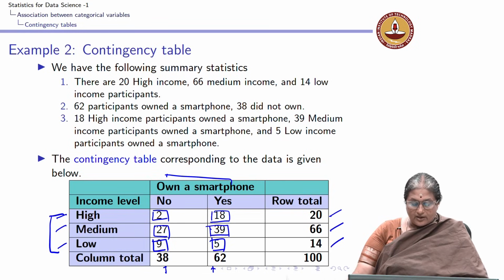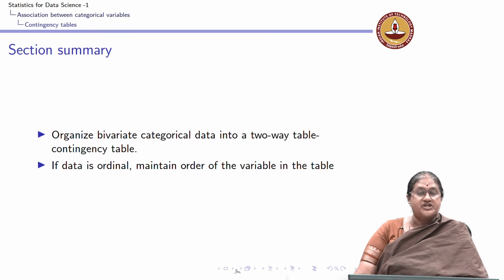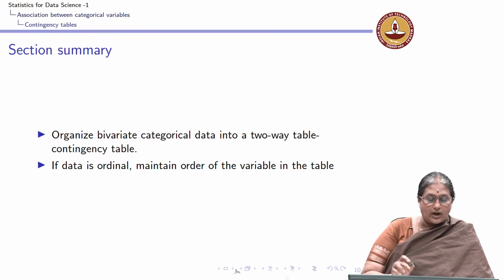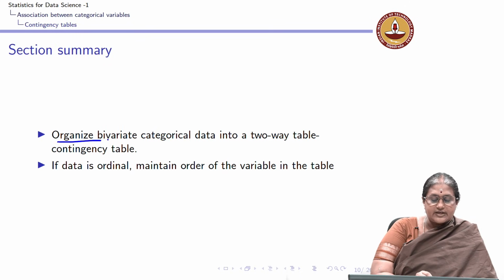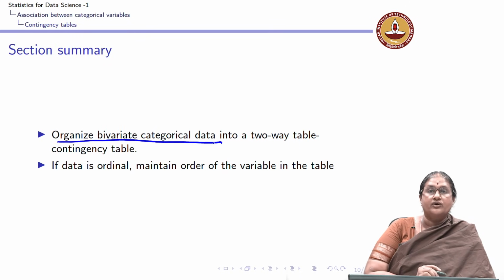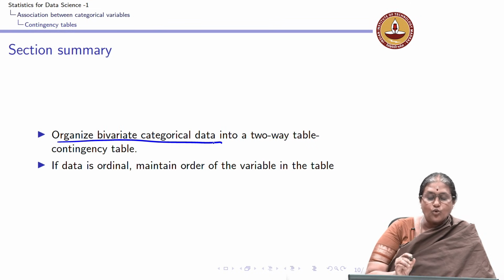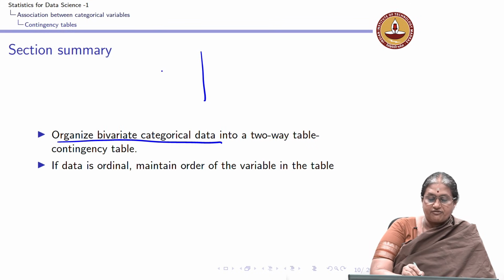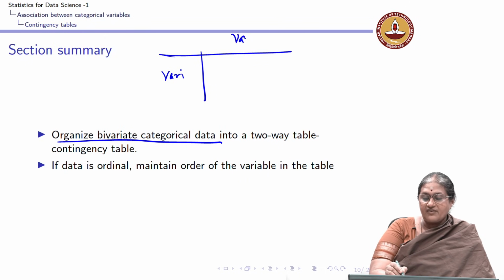So, at the end of this subsection, you should know how to organize bivariate categorical data into a two-way table. Record the first variable and its levels, these could be the rows, and record the second variable here.